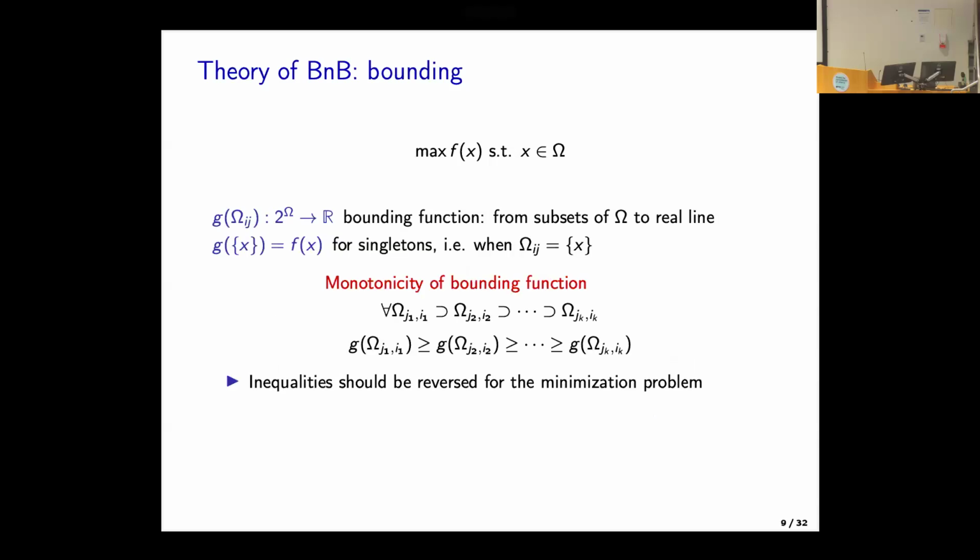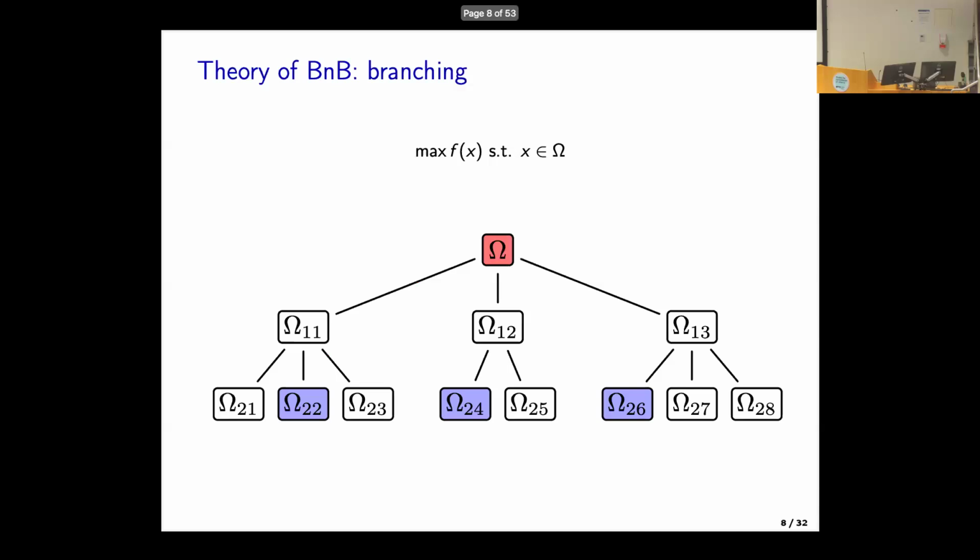Okay? And here's the monotonicity that we require. This bounding function is a function from the set of subsets to R. At the singleton, it just has to have the same value as f of x. But evaluated at different subsets, it declines as you go deeper into this structure that I showed here.